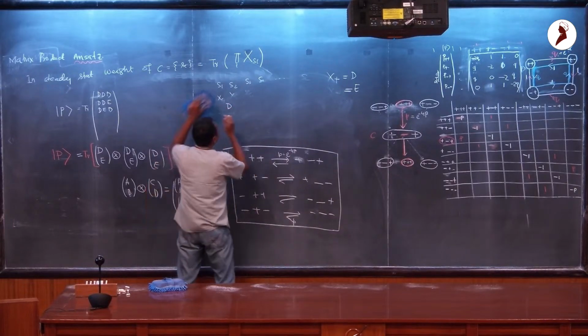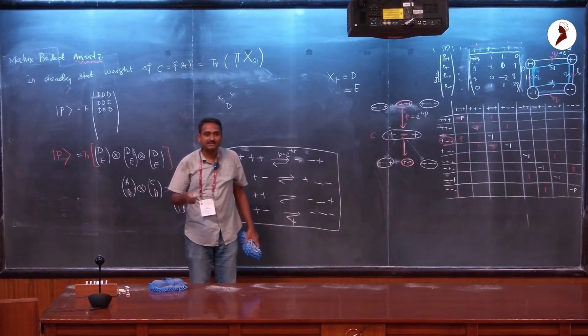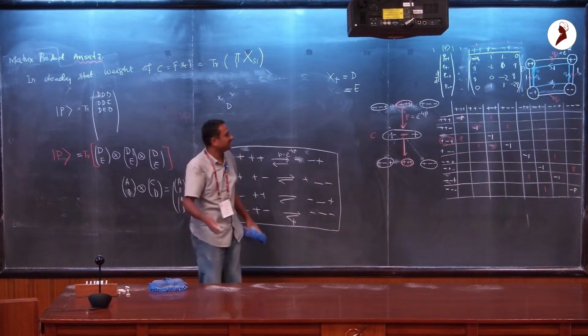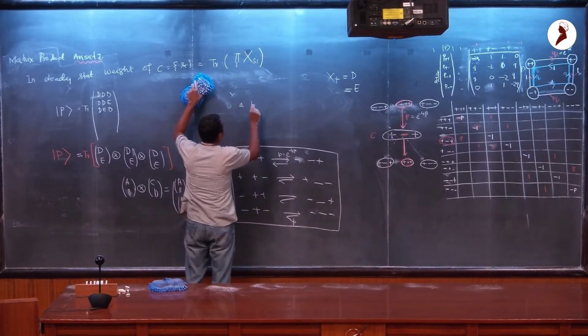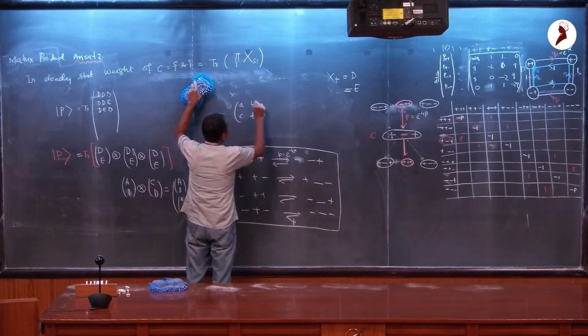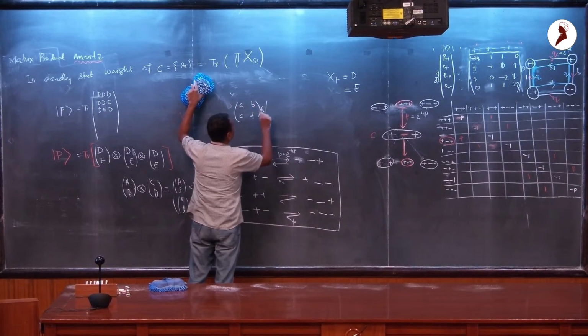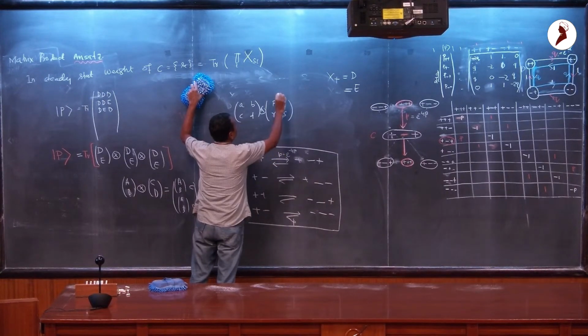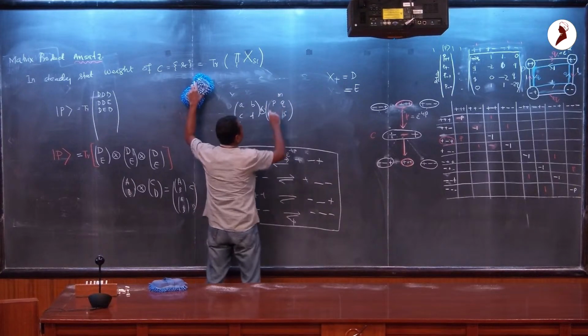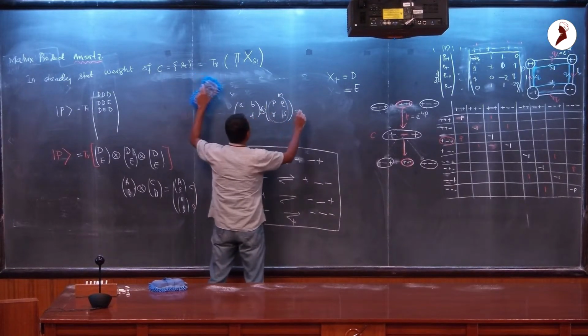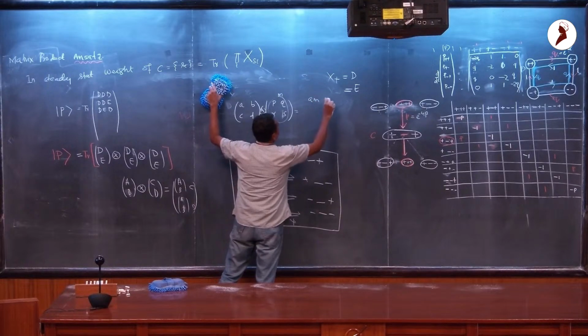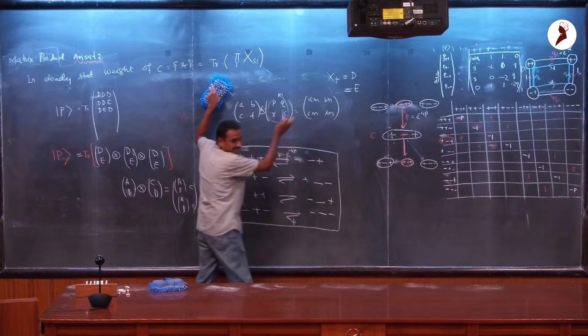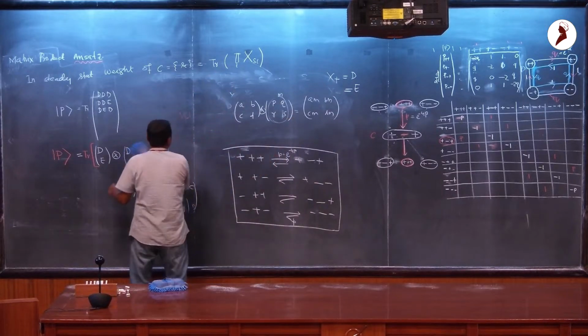You know the direct product, right? You know how the direct product of matrices works, right? So if you have A, B, C, D direct product with P, Q, R, S, and let us call P, Q, R, S a matrix M. Then the resultant is AM, BM, CM, DM. That is the way it works, right? So I will also use this.